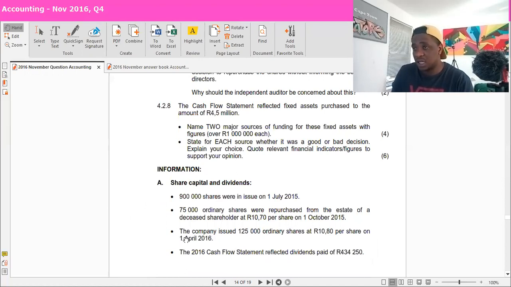And then it says here, the company issued 125,000 shares at 10.80 per share on 1 April 2016.